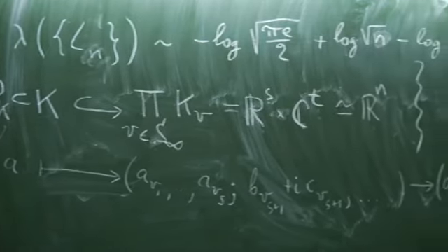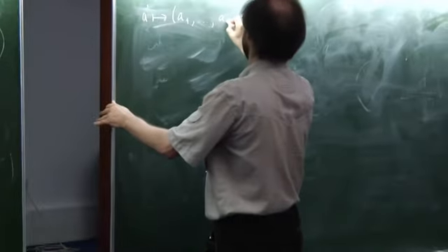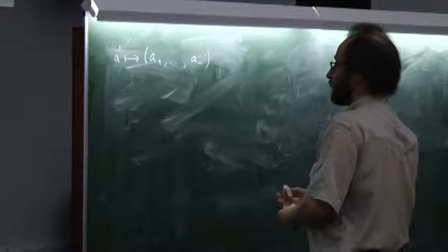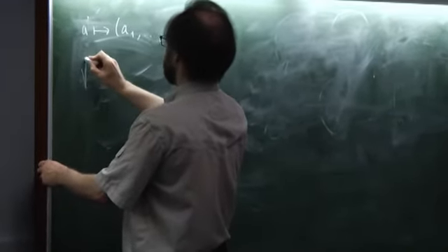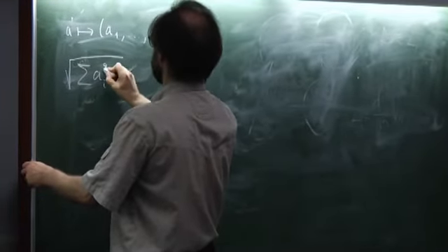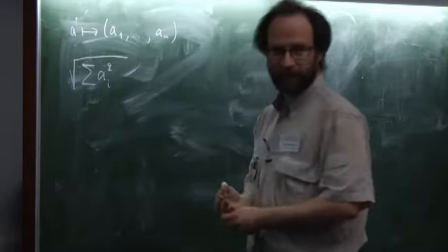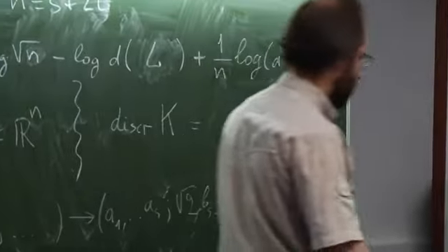So a is mapped to (a_1, ..., a_n). I'm interested in its length, which is the square root of the sum of a_i squared. So you replace OK by L in a certain way? Yes. The lattice L is the image of OK in this R^n. So the lattice is the image of the ring of integers.